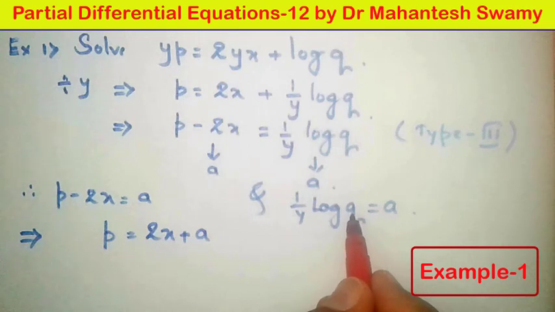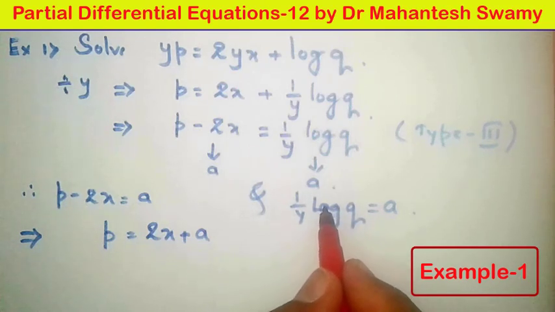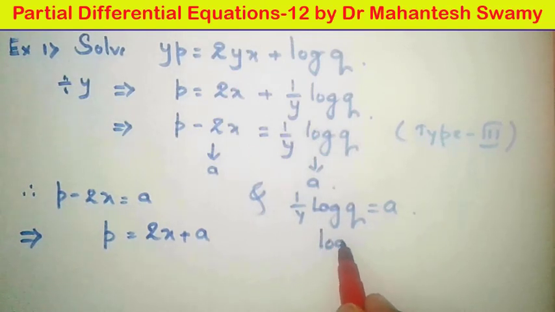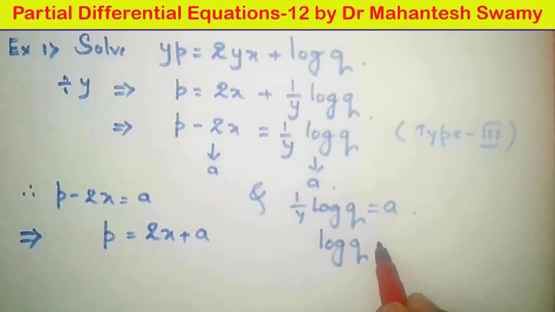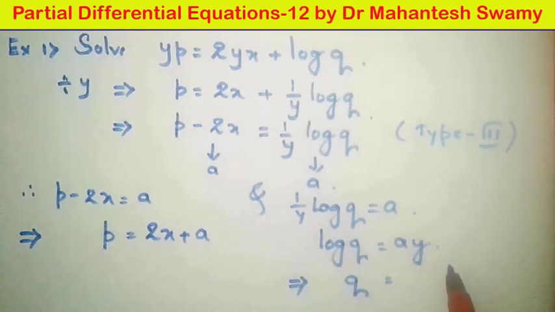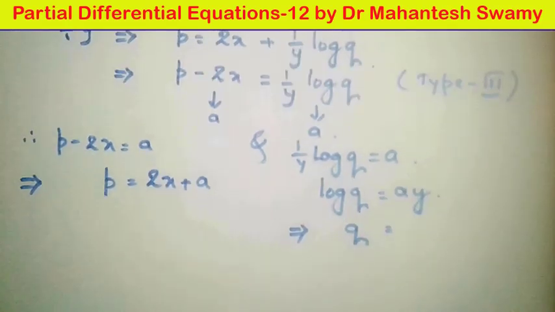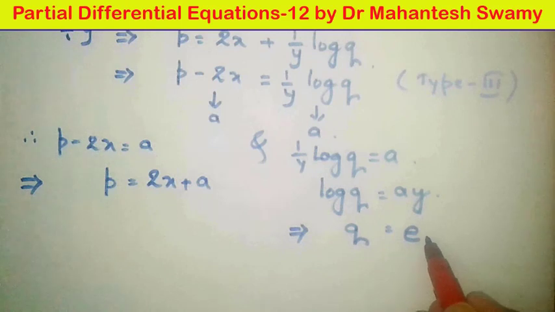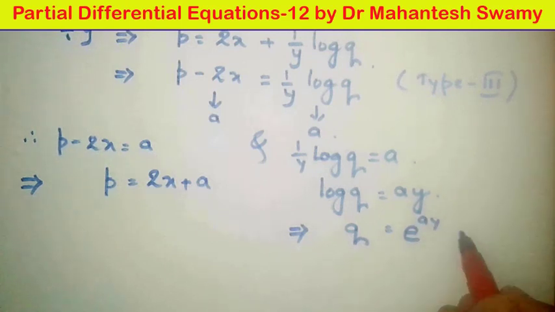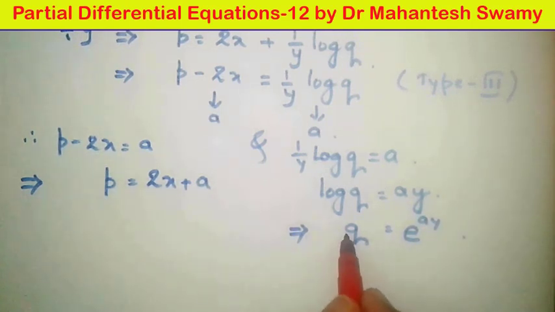To get the value of q, let us first write log of q equals a into y on cross multiplication. If we want the value of q, log should be transferred to the other side. When log goes to that side, it becomes the inverse of log. What is the inverse function of log? It is the exponential function, so e to the power of ay. In this way we got the values of p and q.